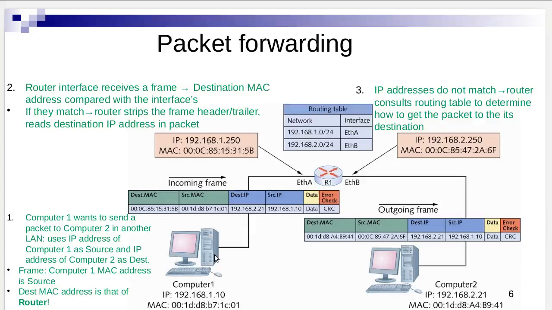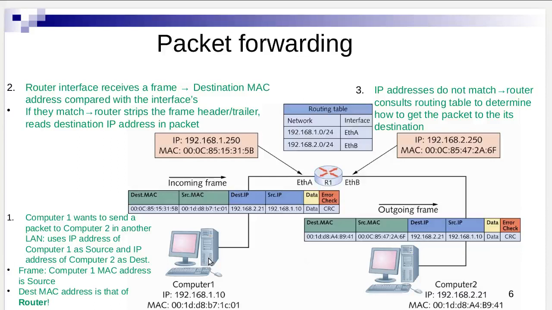And so how can computer 1 send a frame that's destined for computer 2? It cannot do that directly. It has to send a frame destined for its gateway, usually one of the gateways. Let's take the simple example where there's only one gateway.